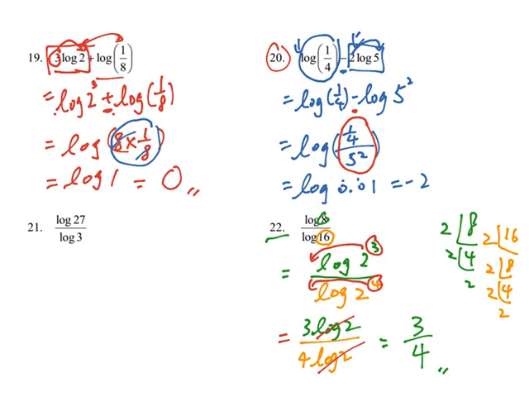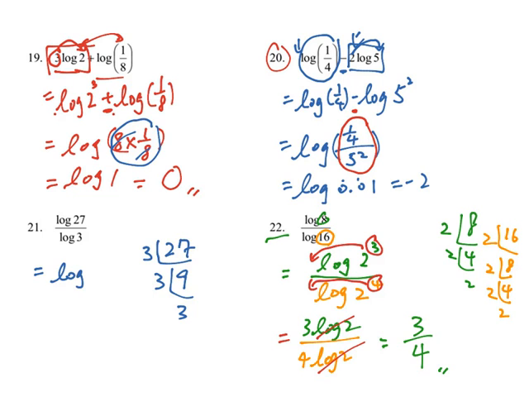Now try to finish question 21. Okay, let's check it. For 27, can we change 27 into 3 to the power something? You can use short division. 3 times 9 is 27, 3, 3.